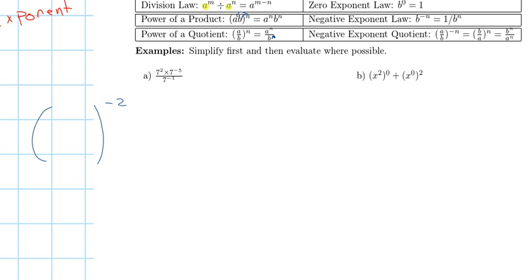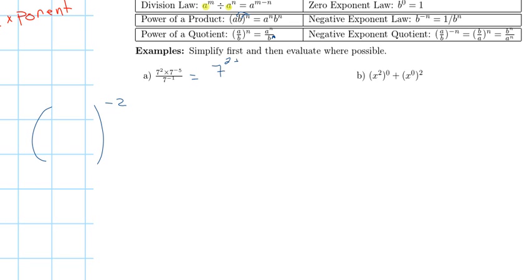So what do you see on the top? What's happening on the top? Multiplication. Do I have the same base? Yes. When I have multiplication with the same base, what do I do with my exponent? Add them. So the first step is to add my exponents on the top. So 2 plus minus 5.